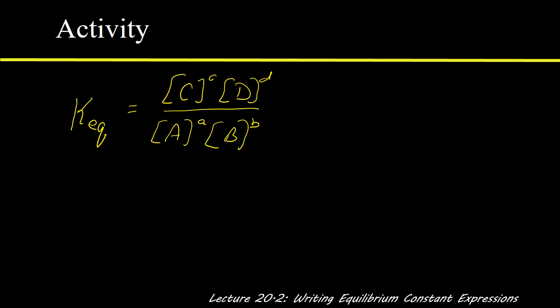This is how we are defining the equilibrium constant expression. And again, this is only true for the equilibrium concentrations. If I ask you to write an equilibrium constant expression, this is what I want you to write. If anything in the textbook asks you to write an equilibrium constant expression, this is what they want you to write.